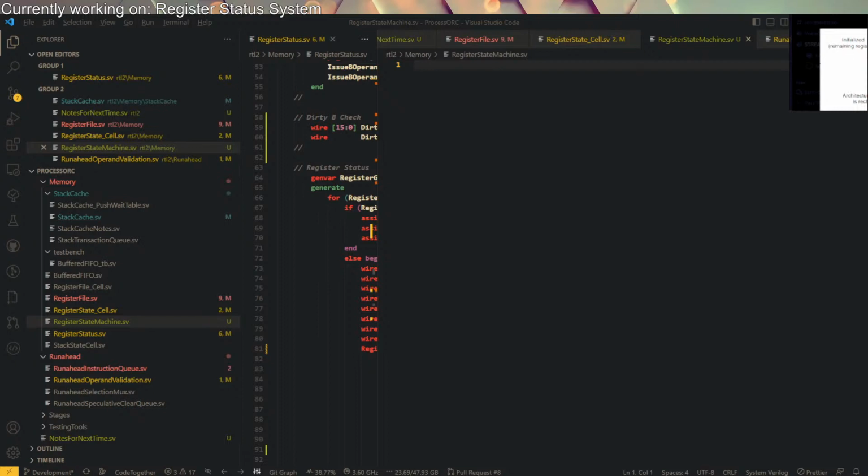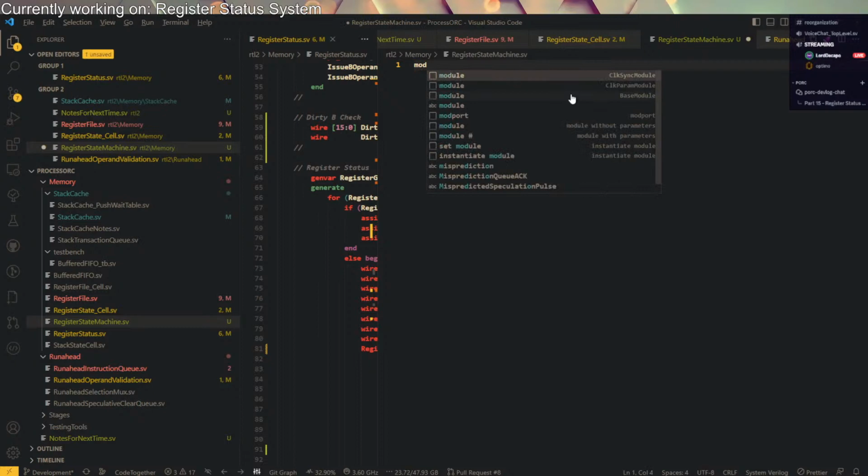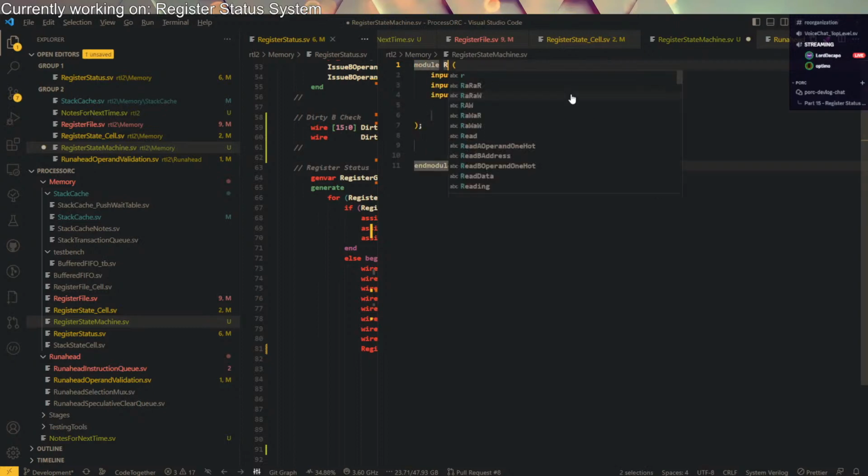Initialize remaining registers. It's available, RA, RB valid, RB not valid. But yeah, now we have our register state machine.